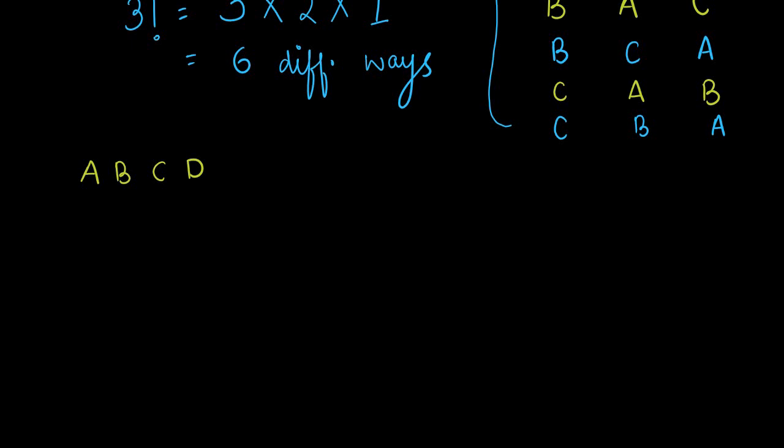One arrangement is A, B, C, D. Another could be A as it is, B as it is, C and D changed. Another could be A as it is, C here and B, D. Another could be A here, D here, B, C, something like that. You can calculate the remaining ones as well.